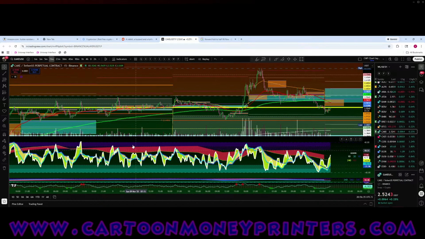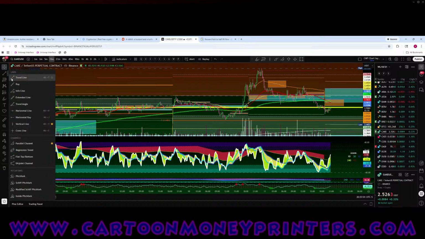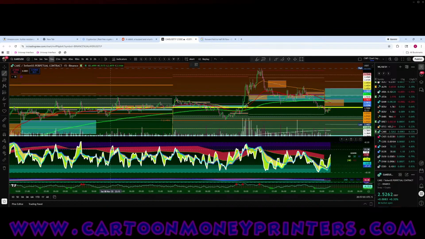I was looking at the peaks here, and each time it got rejected off the bottom of the monthly CPR, which is the red area, and this dashed line is the very bottom of it. It didn't quite touch it there, but right here it rejected. I'm looking at the peaks and where the ribbon is, and I will draw a trend line.